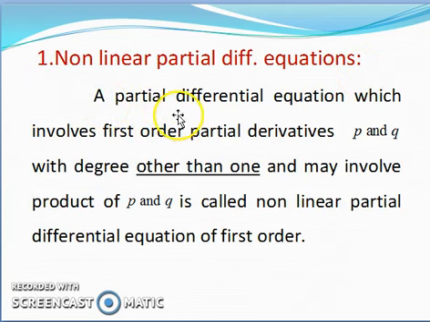A partial differential equation which involves first order partial derivatives p and q with degree other than 1 and may involve product of p and q is called non-linear partial differential equation of first order.